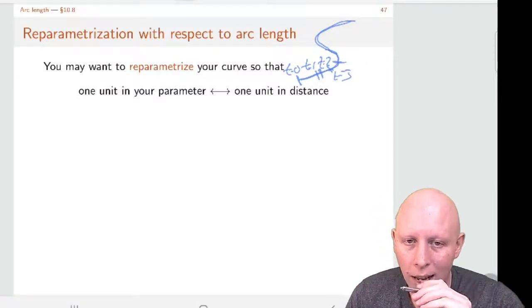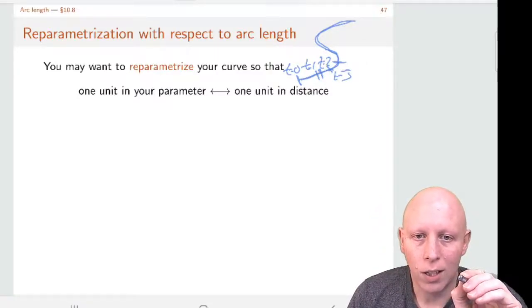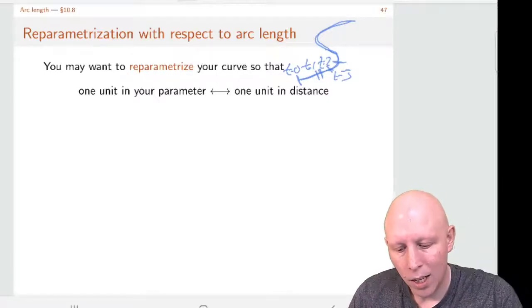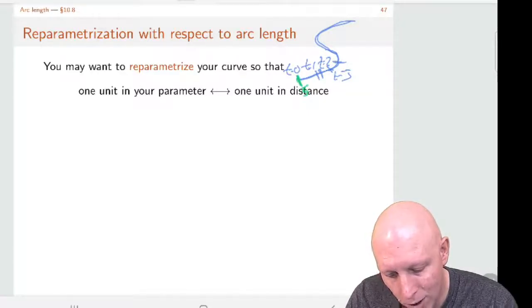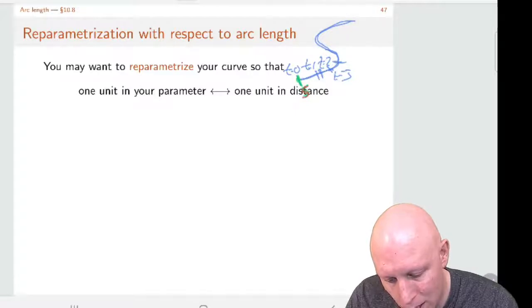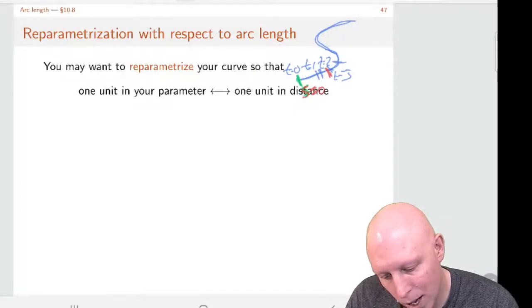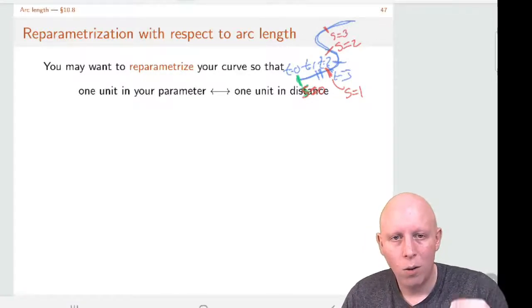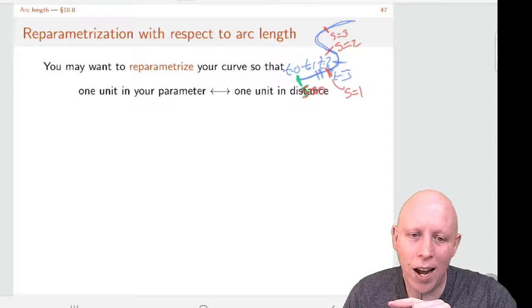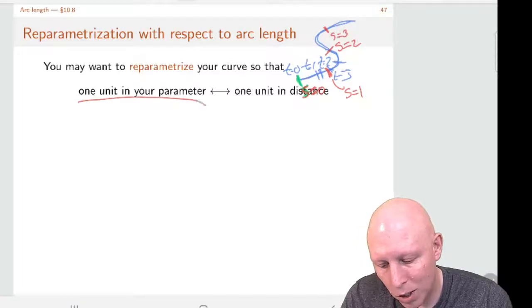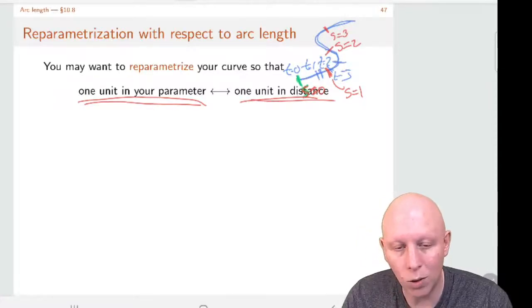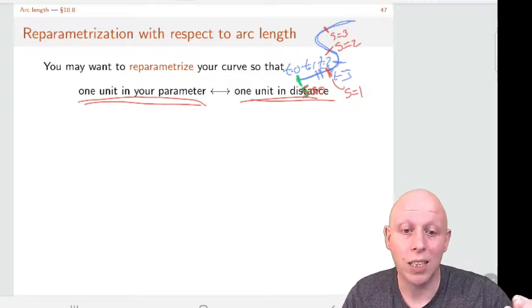It might be nice to change the rule and say, okay, let's instead have a function that depends on distance. So that when we're at s equals 1, s equals 2, s equals 3, we're basically saying how far along are we on this curve. What we like is that 1 unit in this parameter corresponds to 1 unit in distance instead of representing time. Right?